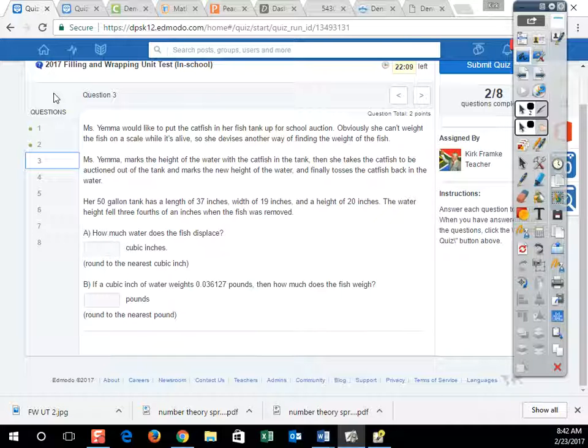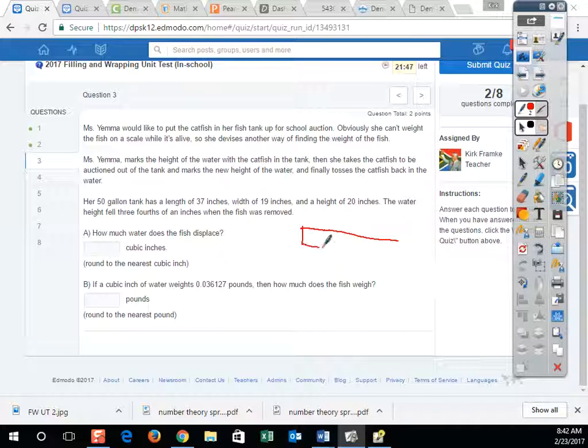Her 50-gallon tank has a length of 36, a width of 19, and a height of 20 inches. The water height fell 3/4 of an inch when the fish was removed. So, okay, that means we essentially have a little box of water that left the tank, so to speak, or fell.